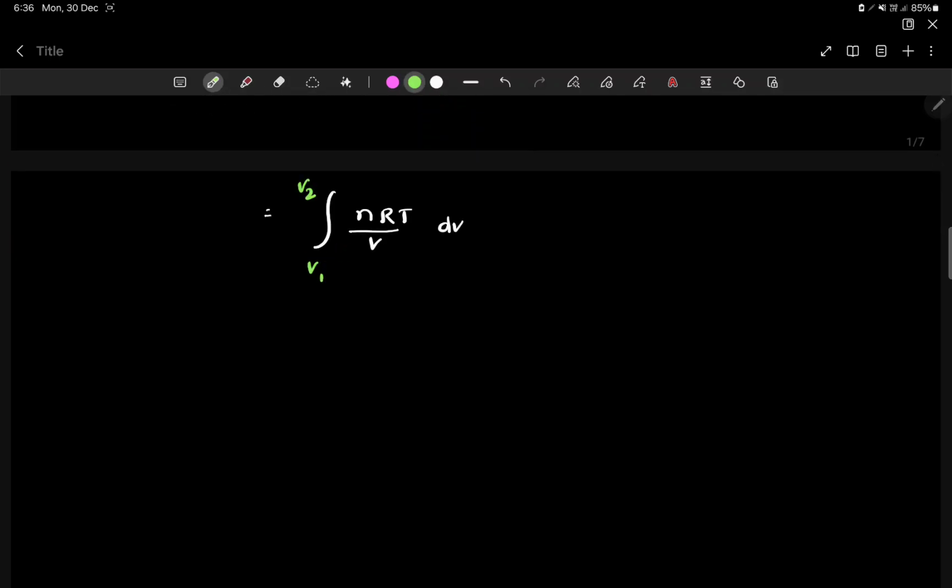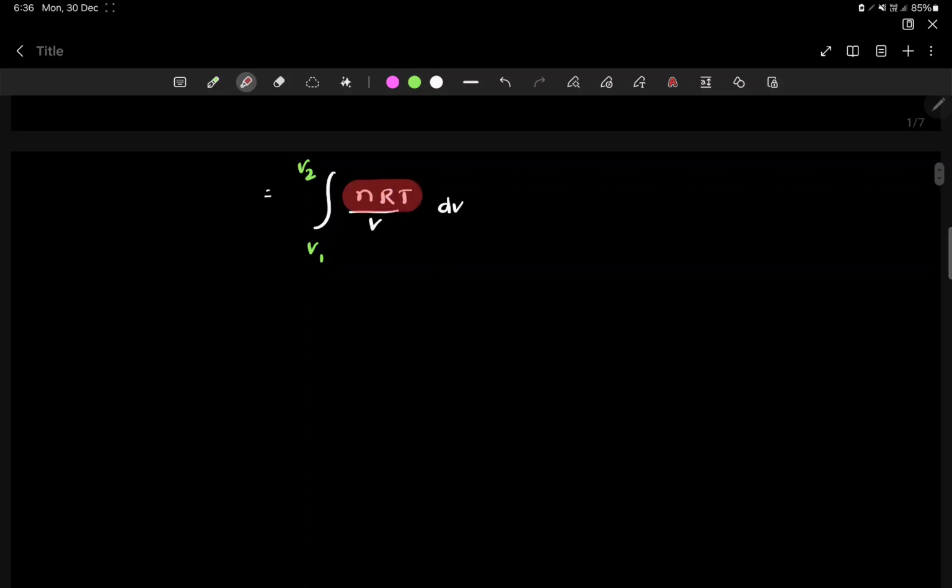So lower limit is V1, upper limit is V2. And you see nRT is a constant, because the number of moles n, the gas constant R, and the temperature T are constant in an isothermal process. So take it outside. Our expression will be nRT integration dV by V, limits V1 to V2.